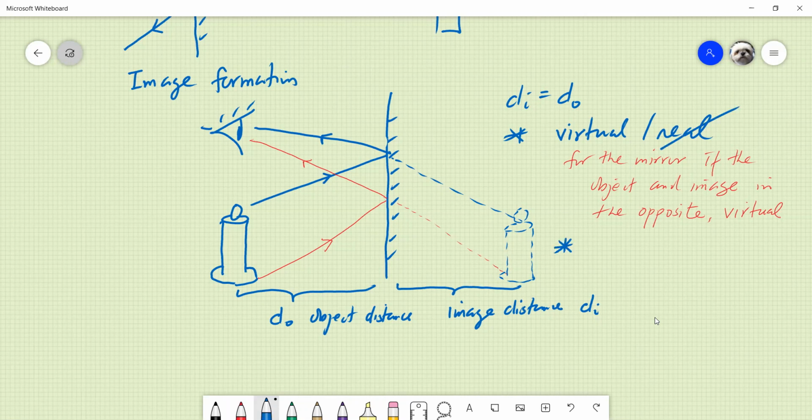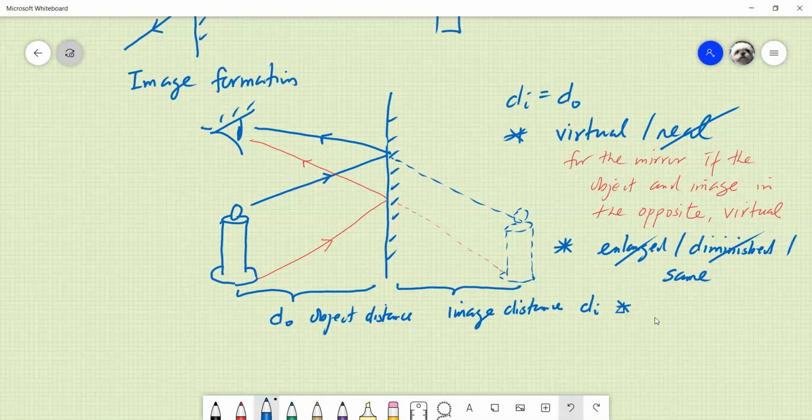Second, you would say that the image is enlarged, diminished, or same. So for the plane mirror, it's always the same. And the third thing is, is it erect or inverted?